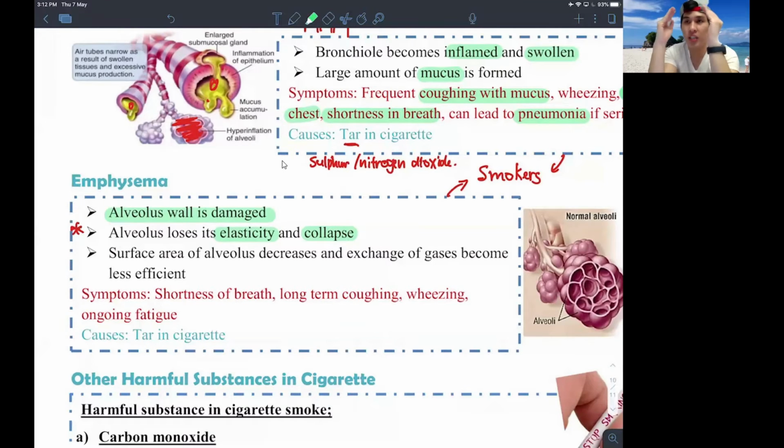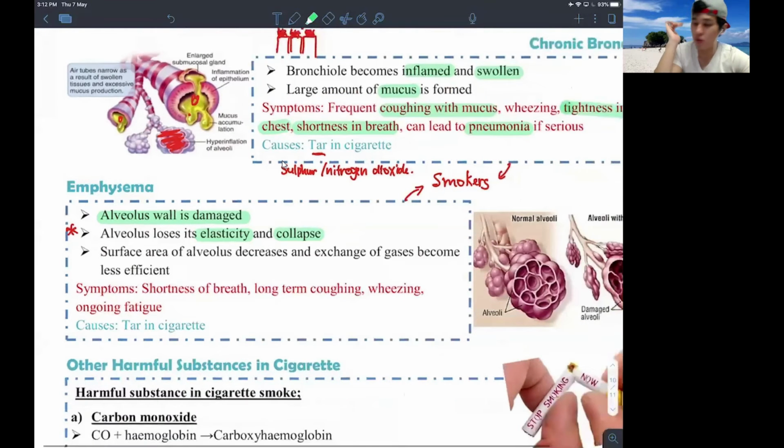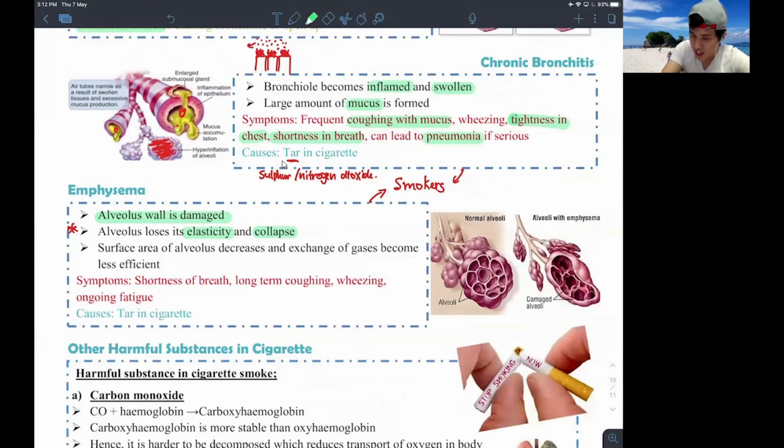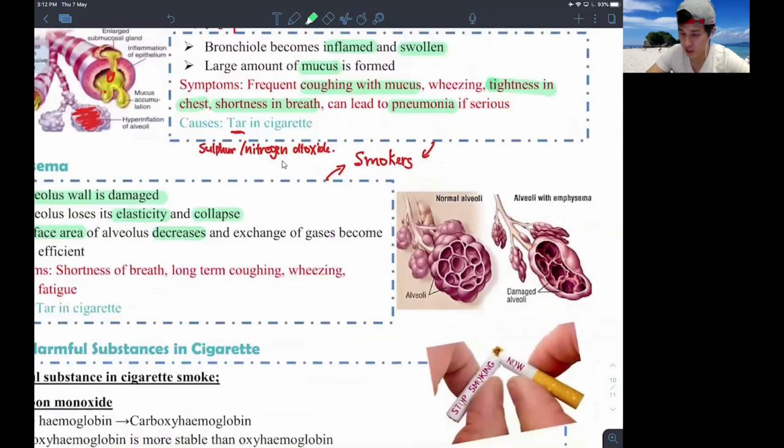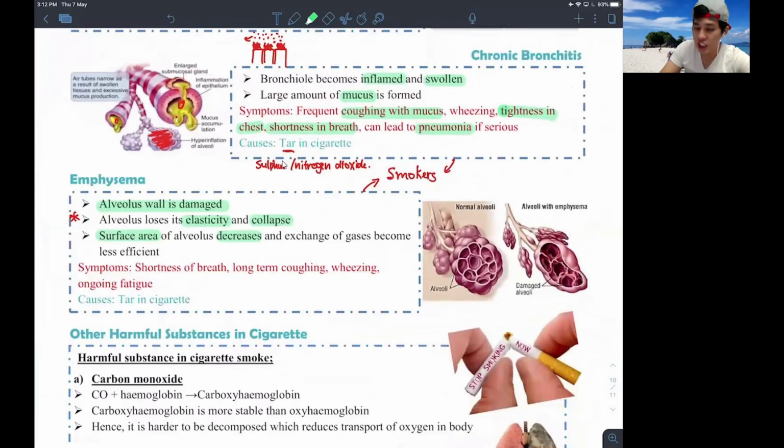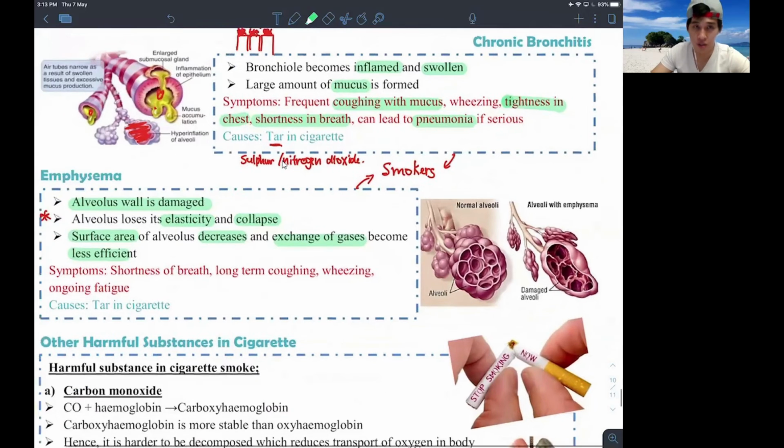If the alveolus collapses like this, the main thing that will happen is the surface area of the alveolus decreases. You can see the surface area is now smaller already. Therefore, exchange of gases becomes less efficient, so gas exchange cannot really occur.